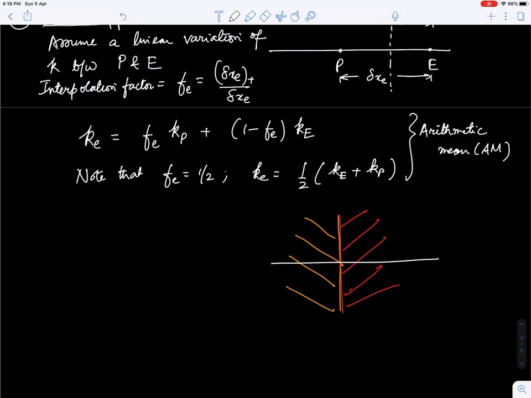And now let's say we have a grid and we're trying to solve for temperature distribution in these materials. So let's say point P is here and point E is here, and this also happens to be our interface for the control volume. So this is some material B, this is material A, and Ka is not equal to Kb.